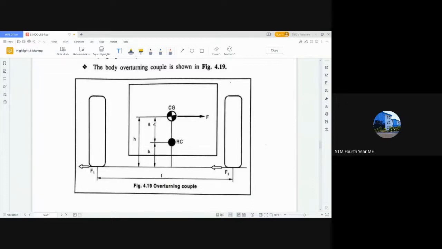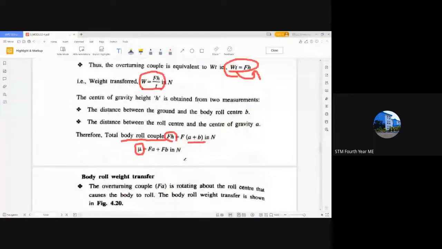So that is A plus B, and mu is equal to F into A plus B.